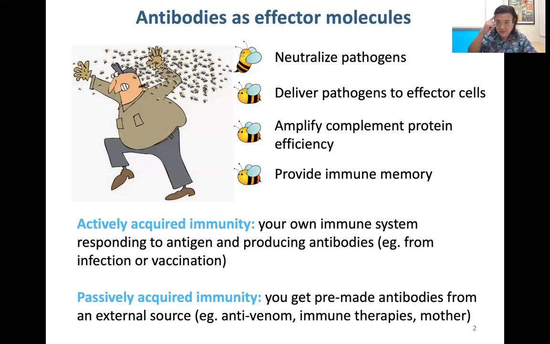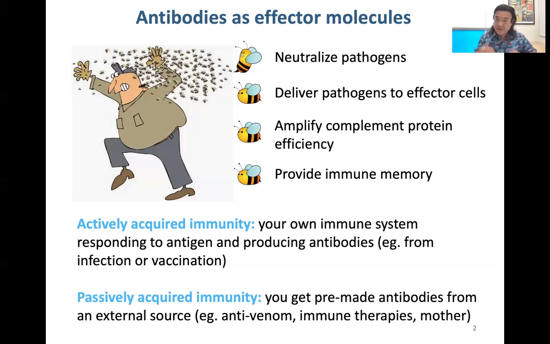That's important. On the other hand, passively acquired immunity is when you actually get antibodies already pre-made from an external source. So in modern medicine, we have things like antivenoms.